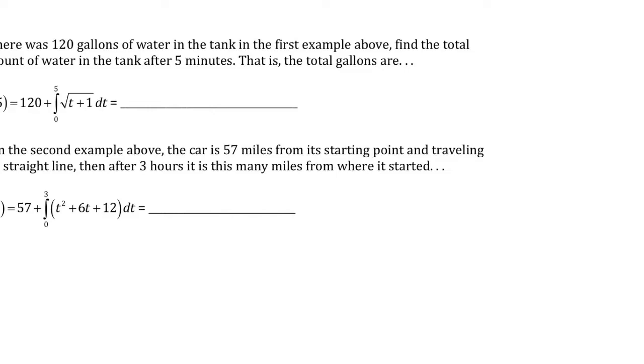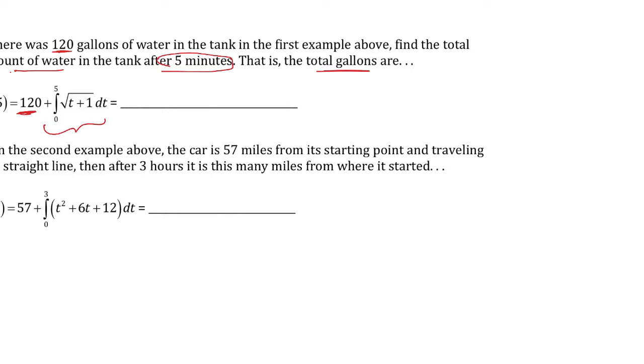Okay, so referring back to example 1, if there's 120 gallons of water in the tank, find the total amount of water in the tank after 5 minutes. So the setup here, that total number of gallons, is going to be how much you're starting with, and then I'm going to integrate that given rate to find how much water is in the tank after 5 minutes.